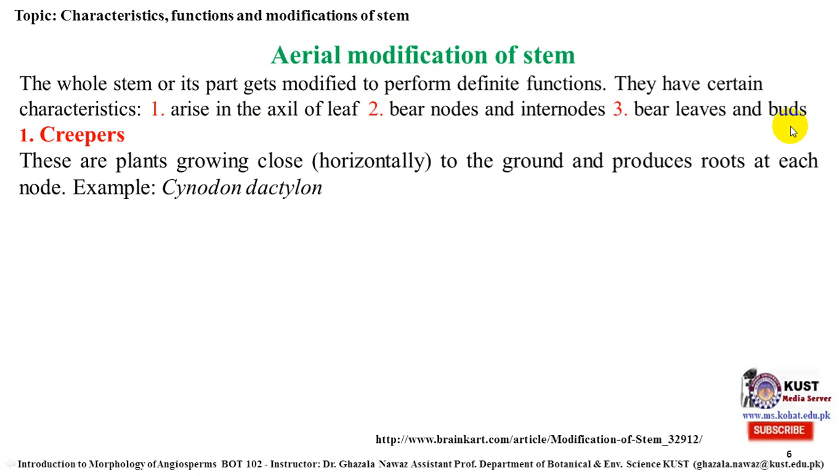Aerial stem is modified into, as we already discussed, three types. The first one is the creeper. Creepers are plants that grow close to the ground, growing horizontally over the ground and producing roots at each node.